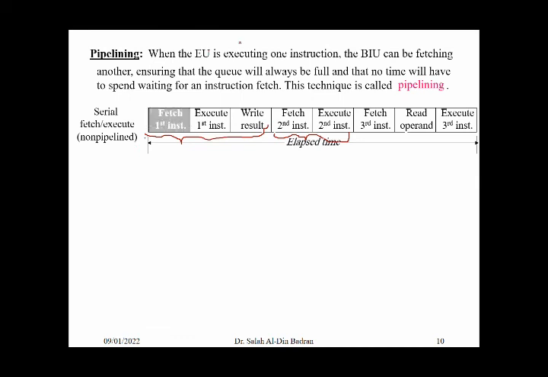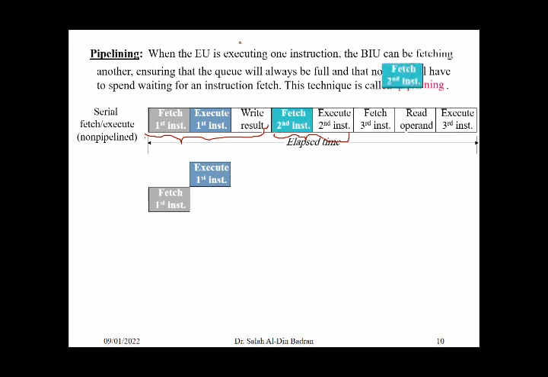For pipelining, we first fetch the instruction, execute the first instruction, and fetch the second instruction. See how we fetch the second instruction at this time, but in the serial type, we fetch it here.